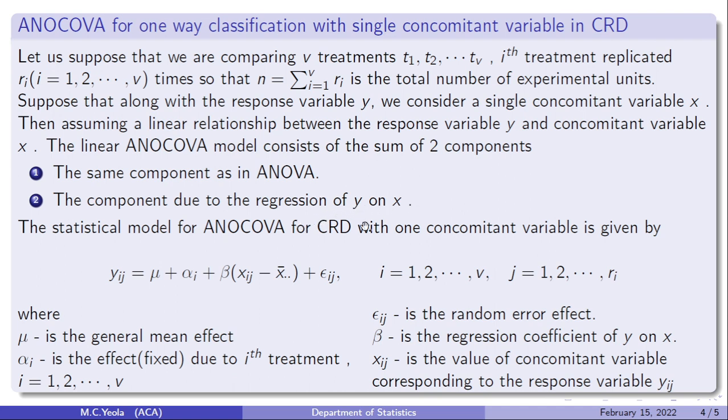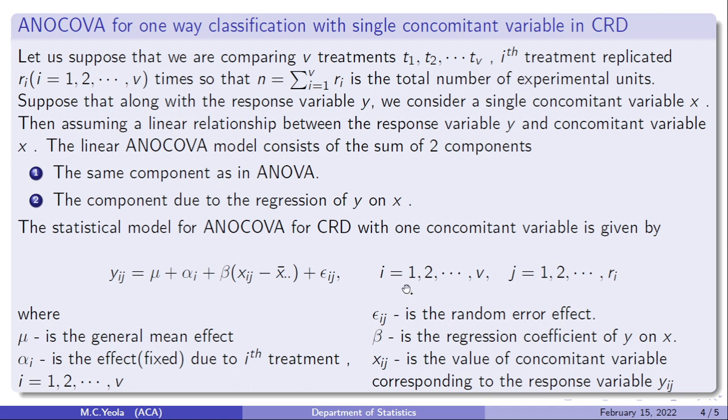This is the additional component. The statistical model for ANCOVA for CRD with one concomitant variable is given by Yij equal to mu plus alpha i plus beta into (Xij minus x bar dot dot) plus epsilon ij.